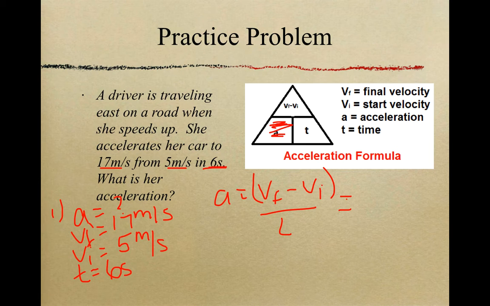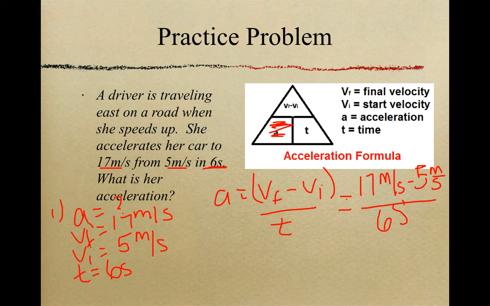So I've got my final 17 meters per second minus 5 meters per second over my time, which is 6 seconds.